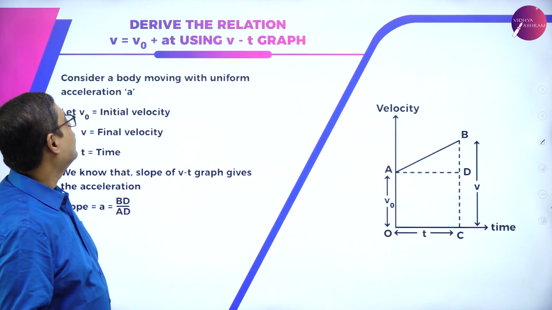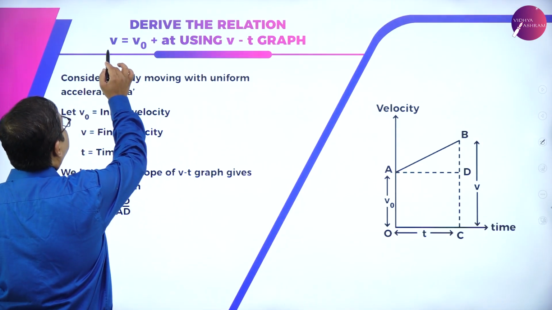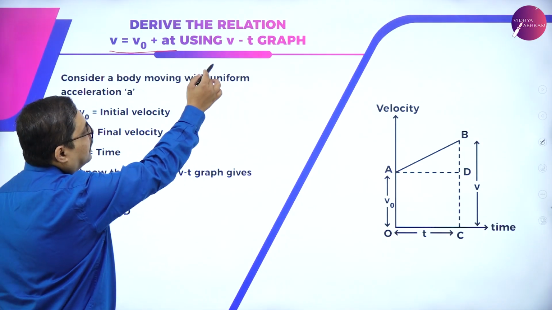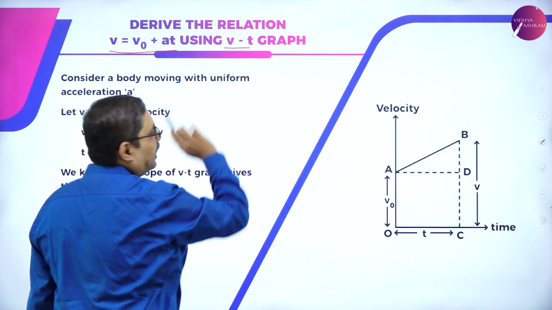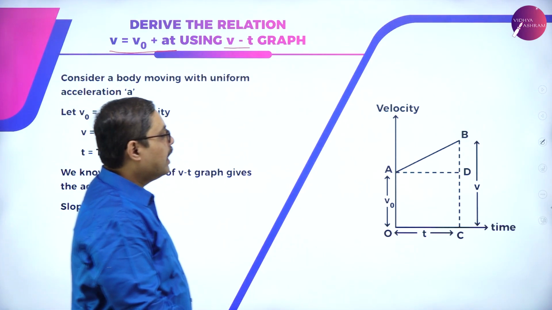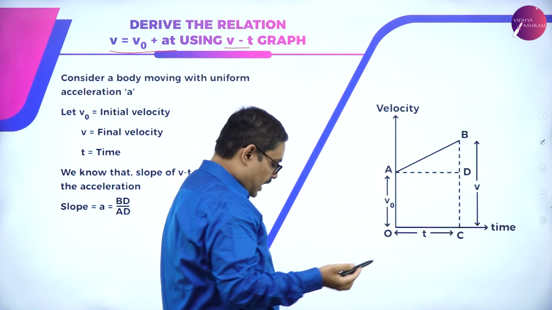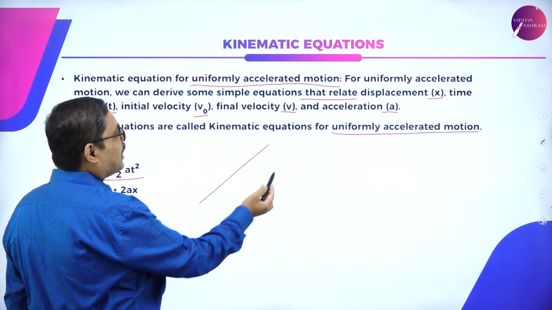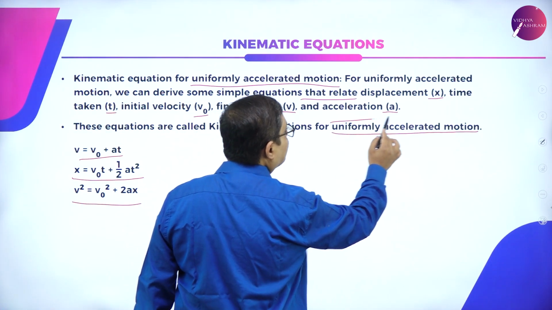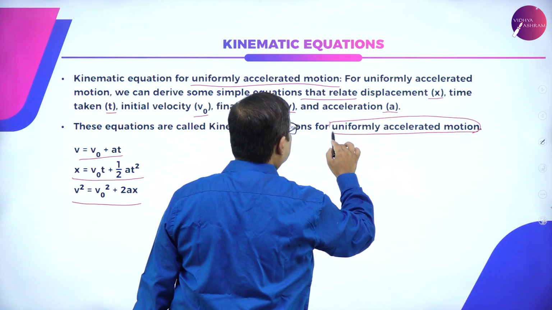What is the first one? The first relation is v = v0 + at, using the velocity-time graph. We have already stated that the kinematic equations are for uniformly accelerated motion.